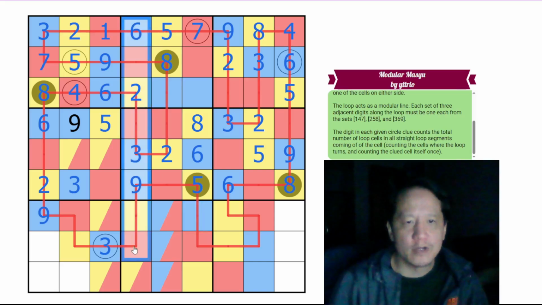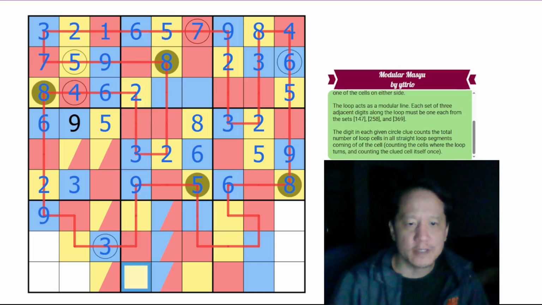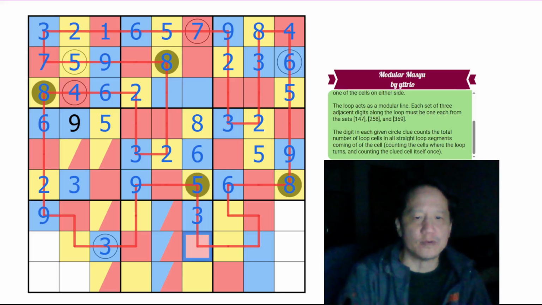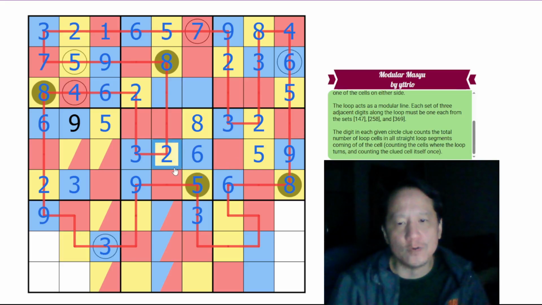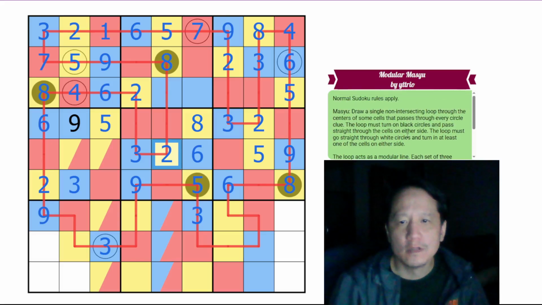And we have 3 reds in column 4, so this can't be red, that's yellow. This can't be 9 or 6, it has to be 3. So we've got the full loop.